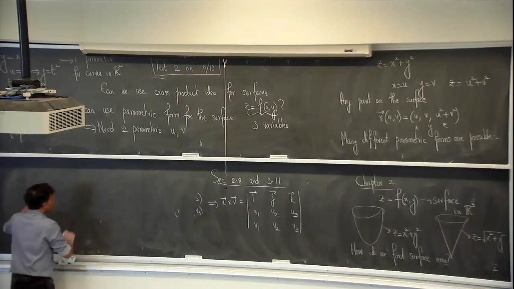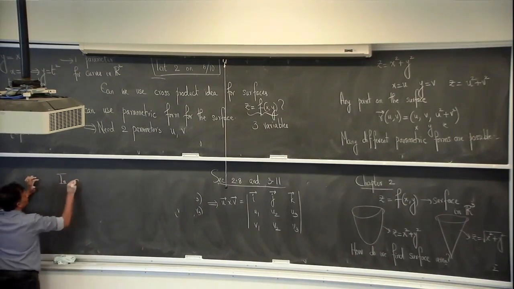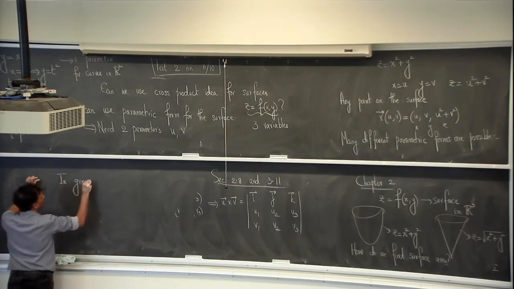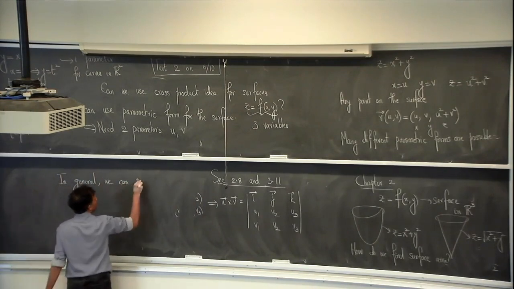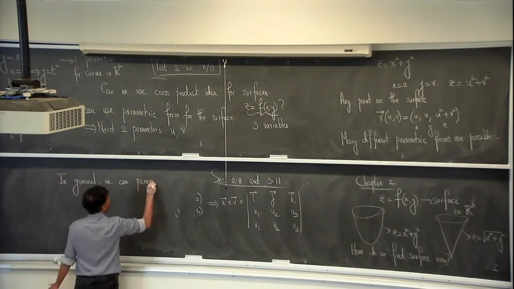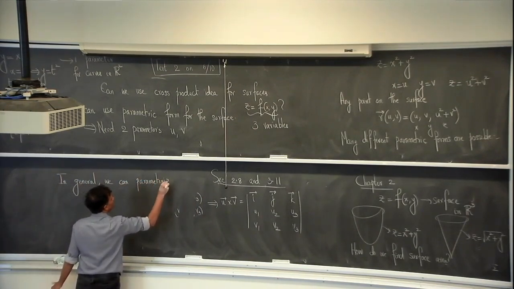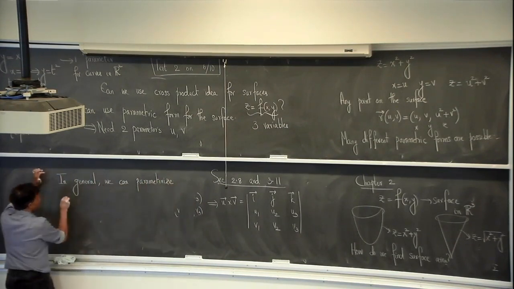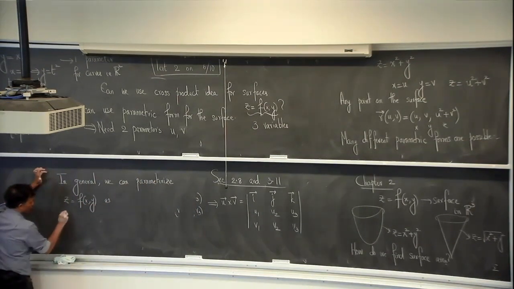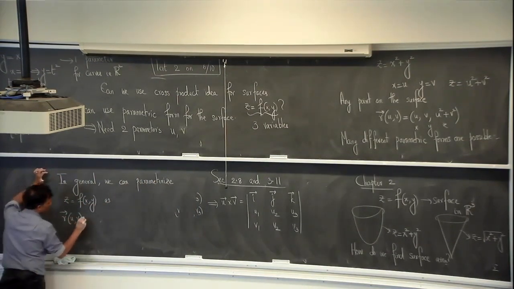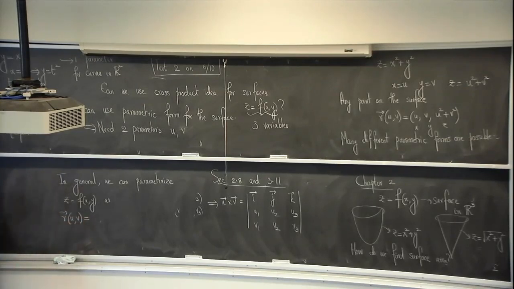All right, so in general, we can parameterize a surface z equal to f of x, y as r of u, v. It's written as a vector because it's got these x, y, and z components, which represent all the points on the surface.